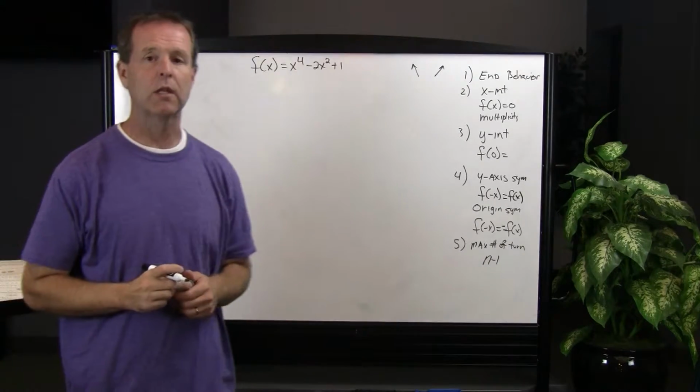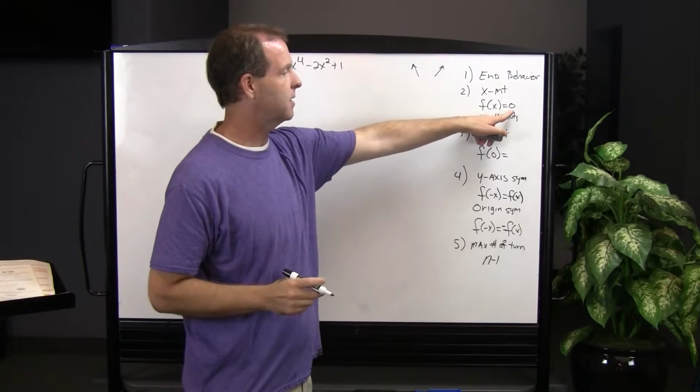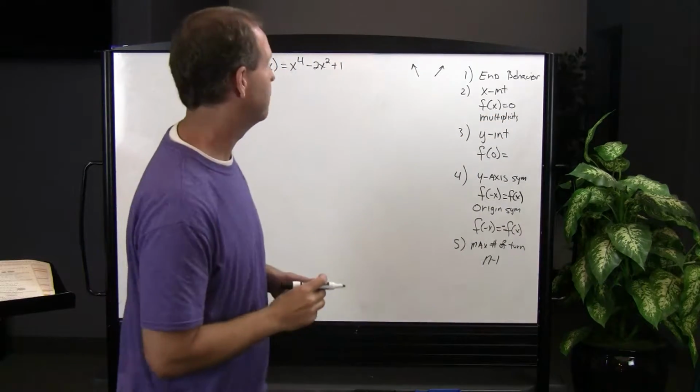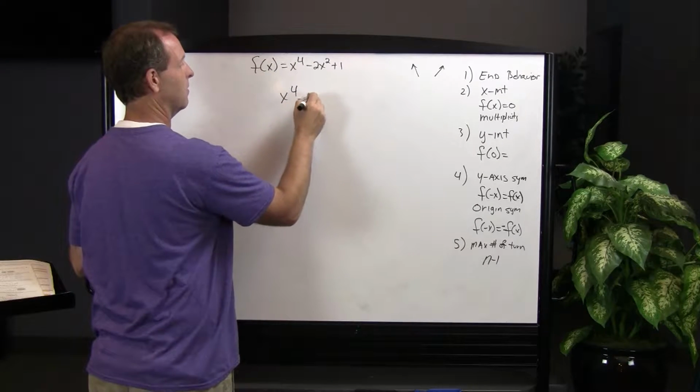The second thing I want to look for are its x-intercepts, where I set the function equal to 0, to see maybe there are some multiplicity issues going on as well. So let's go ahead and factor this by setting it equal to 0.